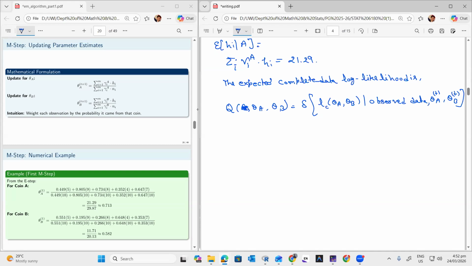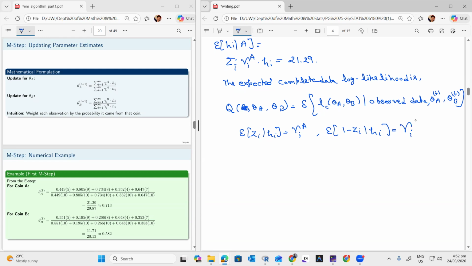We know that here the expected value of Zi for given Hi is basically gamma iA that we computed right now, and the expected value of 1 minus Zi for given Hi is basically gamma iB. That is the expected value of Zi and 1 minus Zi.